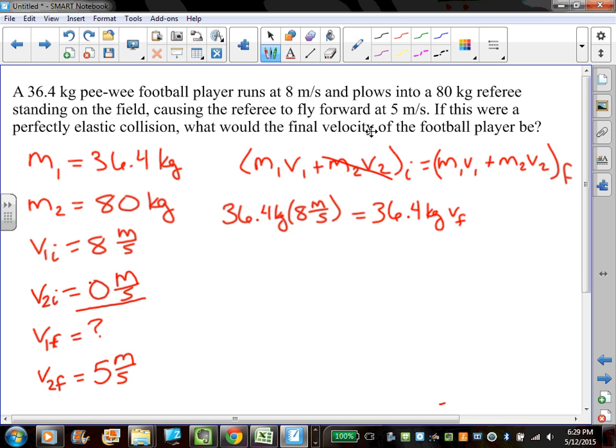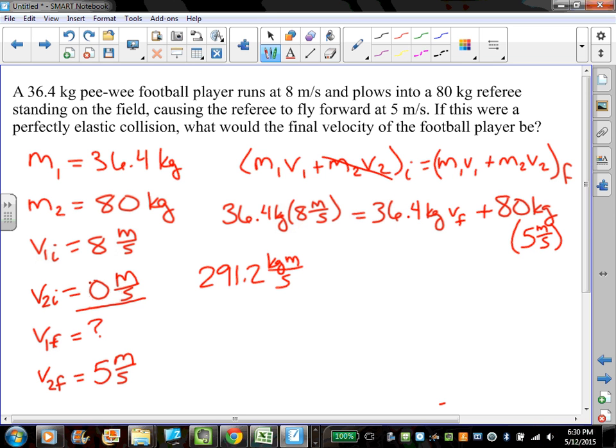Times his final velocity plus the mass of the referee times his velocity. So what are we going to do? Well, we've got that 36.4 times 8 is 291.2 kilogram meters per second.